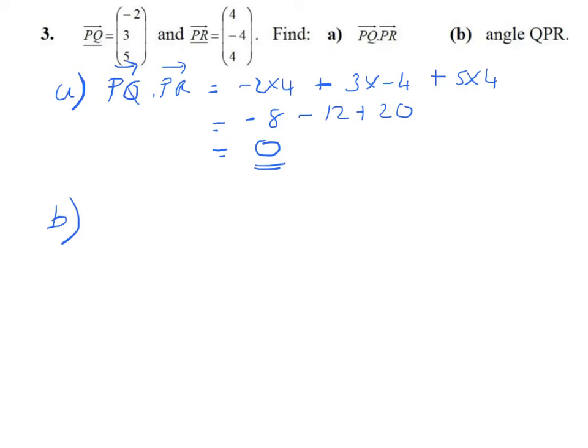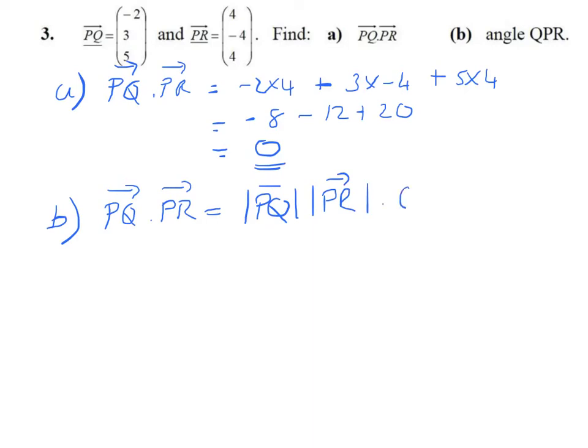We need to use the other form of the dot product, which is also on your formula sheet. So we'll start by writing that out in terms of our letters. So PQ.PR is going to be the magnitude of PQ times the magnitude of PR times the cosine of the angle in between.